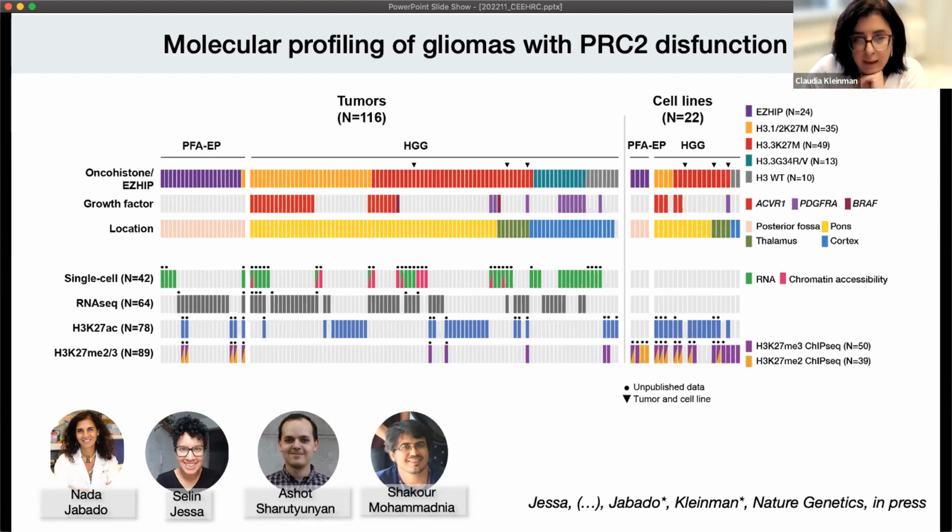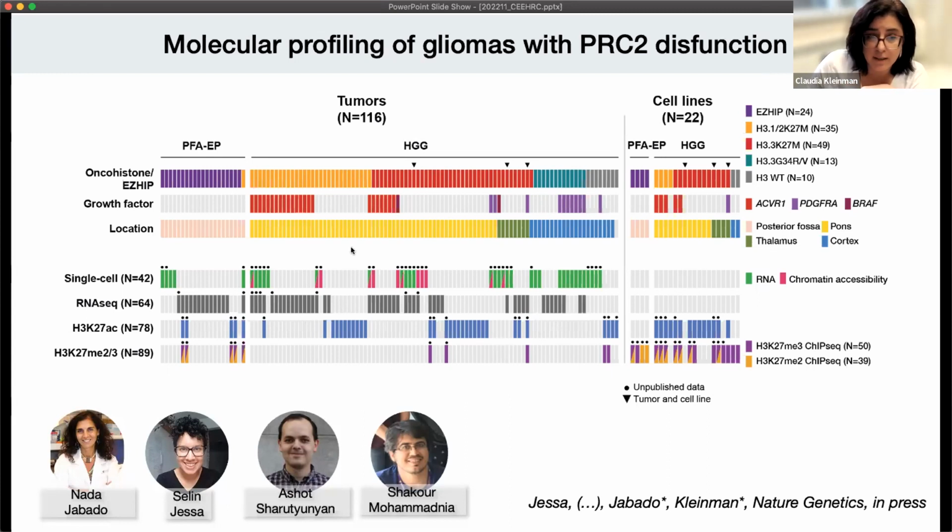So coming back to the work that Selin introduced today, we profiled these tumors, and I want to just remind you of the types of tumors that we have. We have H3.1 here, H3.3, and we use G34 as control. We also include in this cohort PFA ependymoma driven by EZHIP that we use as comparators because EZHIP is a K27M mimic.